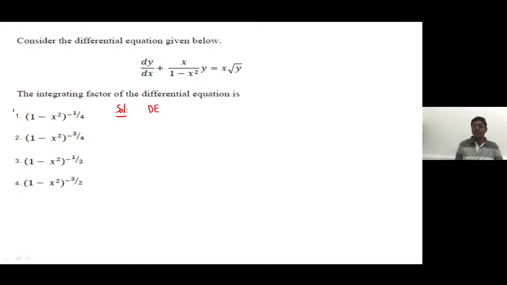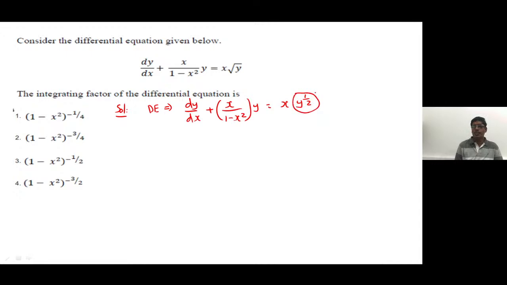Here if I take y as dependent, because we are differentiating for the y variable, and y is having power 1 by 2, which is not 1. Other y term, there are 2 y terms. So this is not a linear equation in y. I can express and compare with Bernoulli equations. Equation 1 can be written as dy by dx plus x upon 1 minus x square into y is equal to x times y to the power half.